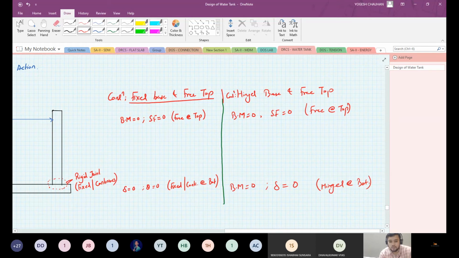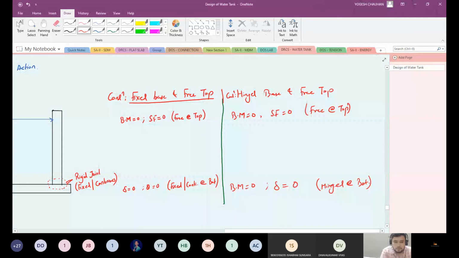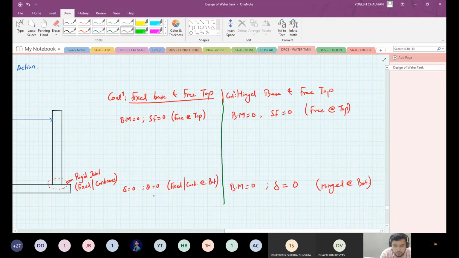So the only difference is, instead of slope equals zero, you substitute bending moment equal to zero. You will get the condition for the hinged base. Okay. For fixed or continuous base, these are the conditions, and for hinged base, these are the conditions.